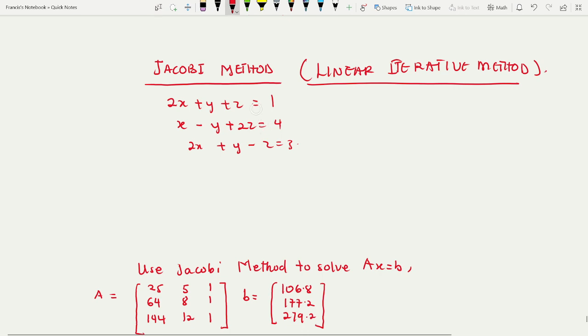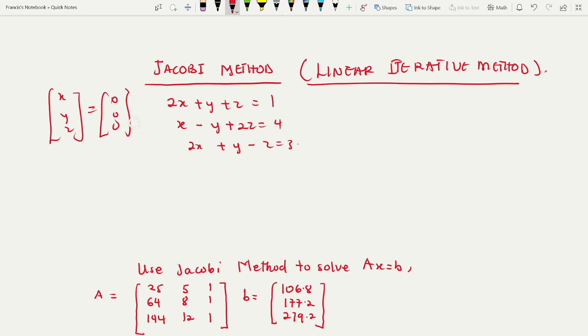If I want to use the Jacobi method, I'll assume an initial guess. So I'll say the solution x, y, z is, let's say, 0, 0, 0.